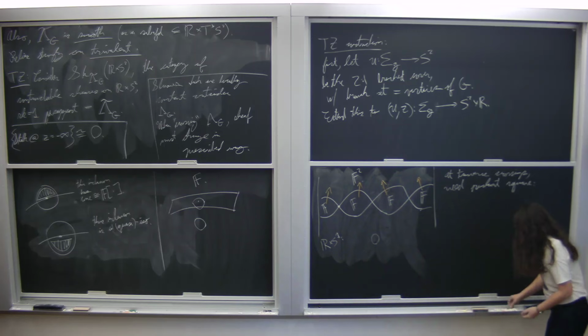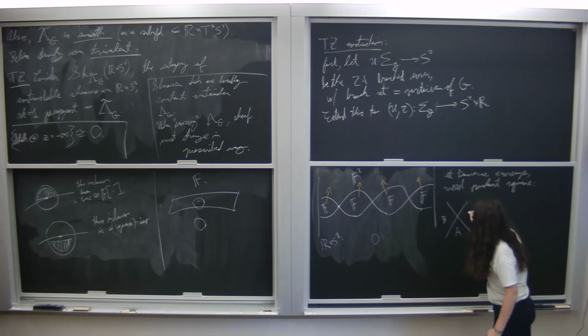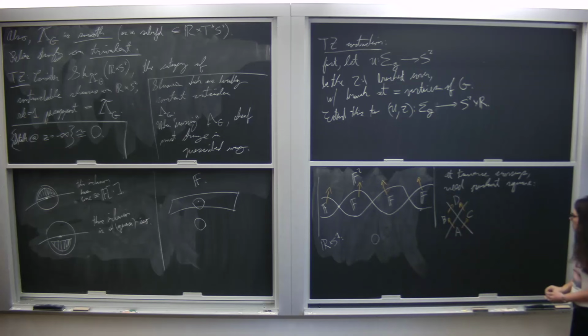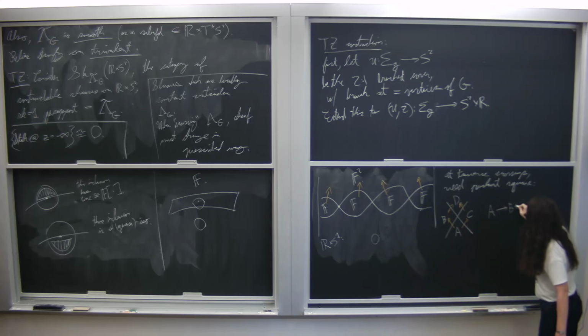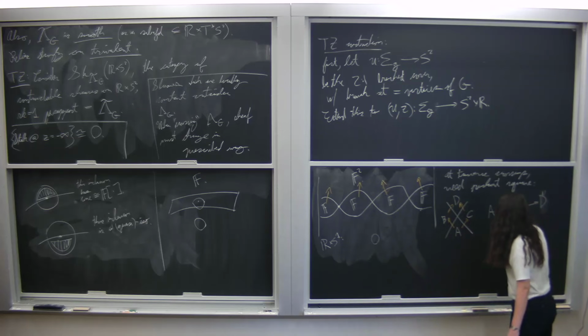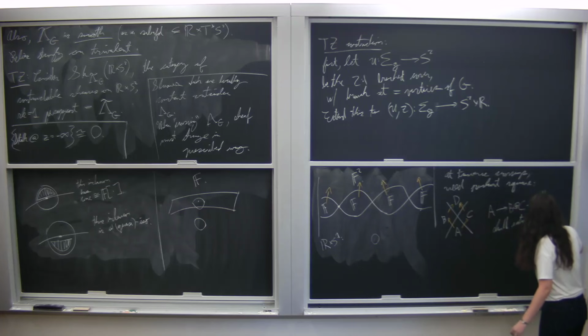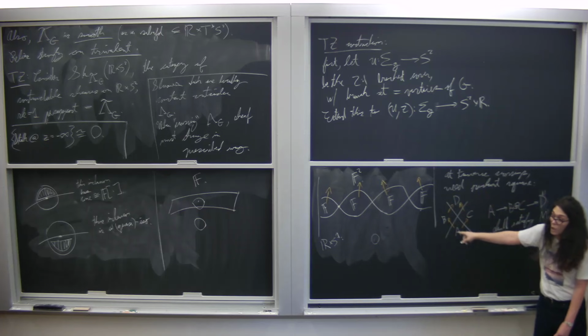Specifically, the condition we want is that if this is A, B, C, D, and we have these maps here, then going from A to B plus C to D should satisfy Mayer-Vietoris, or to say it differently, this should just be a push-out square in the category of complexes.